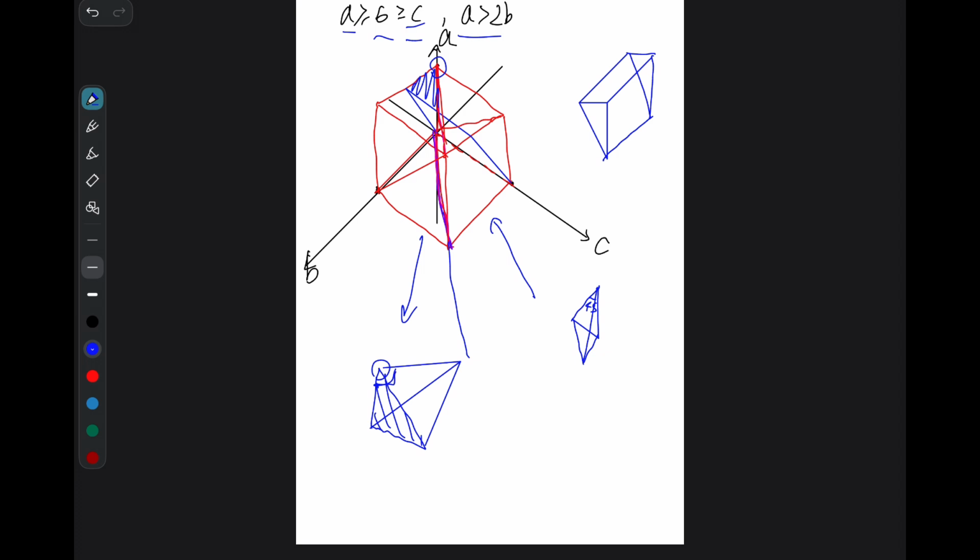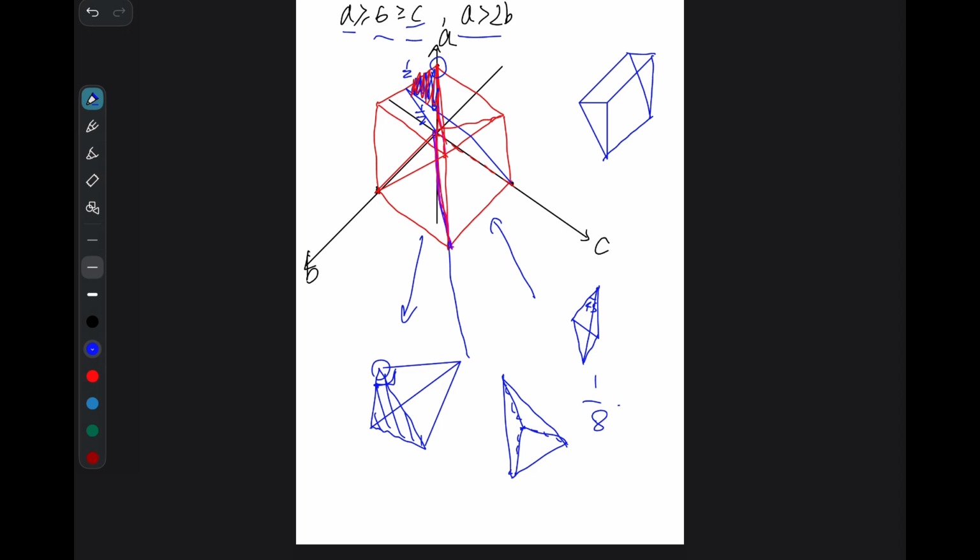Now to calculate the area of this, we can just treat this as a prism like this. So therefore the area of this red colored part is 1 over 8, 1 over 2, 1 over 2.